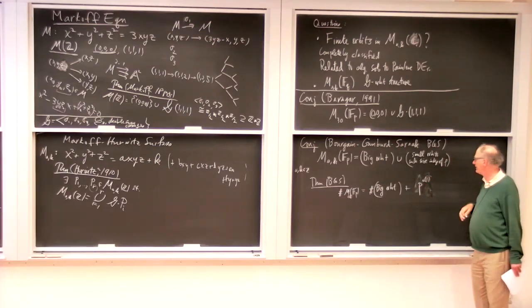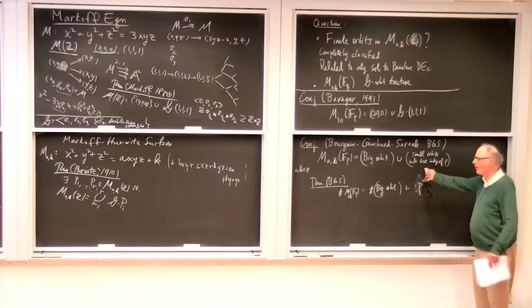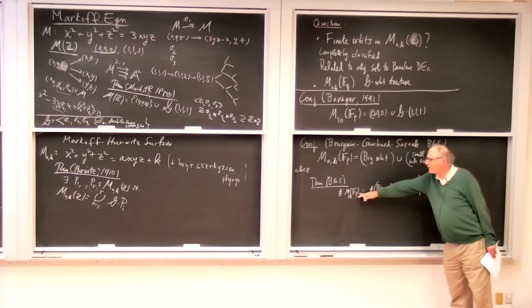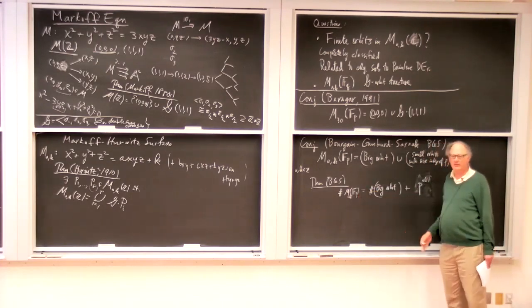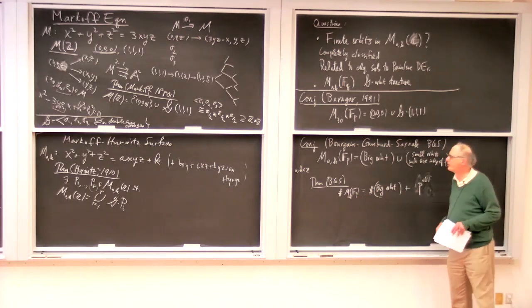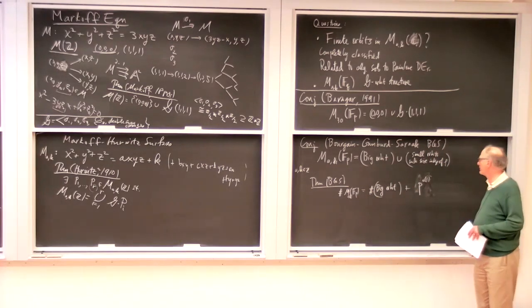In other words, plus O of P to the epsilon roughly for any epsilon. And there are about P squared points on the surface. I mean, it's a surface mod P, so it has roughly P squared plus O of P points.